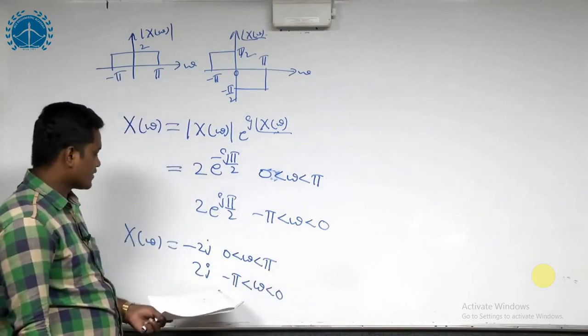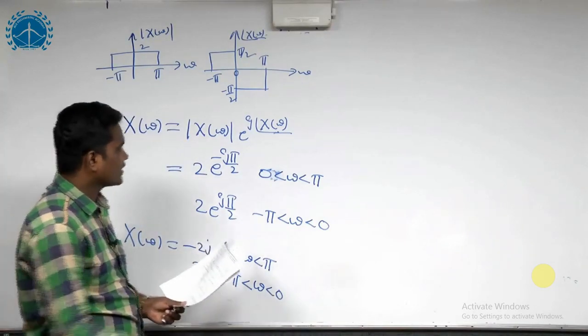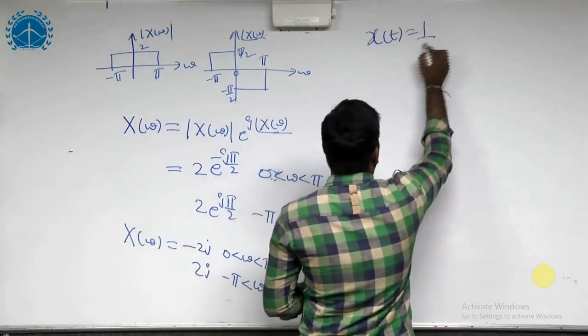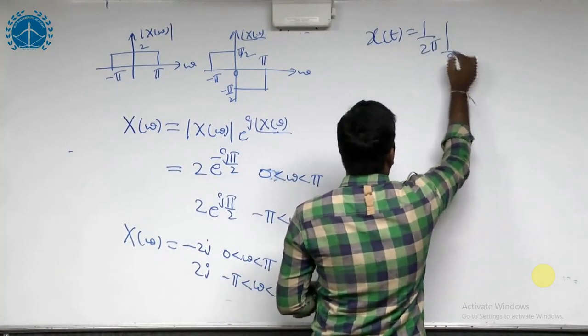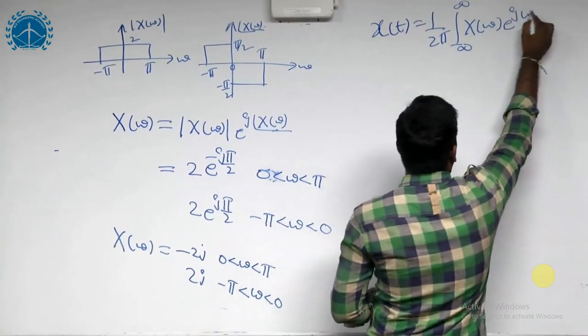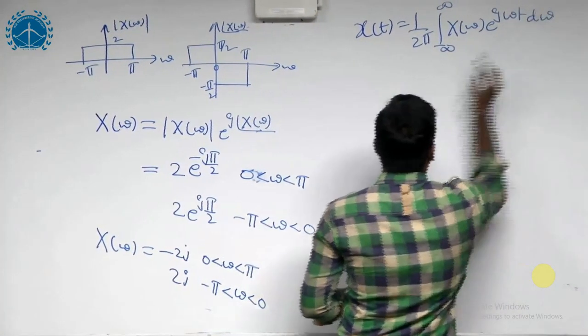So from this, first find x of t. So x of t is equals to the inverse Fourier transform, 1 by 2 pi integration minus infinity to plus infinity x of omega e power j omega t d omega.